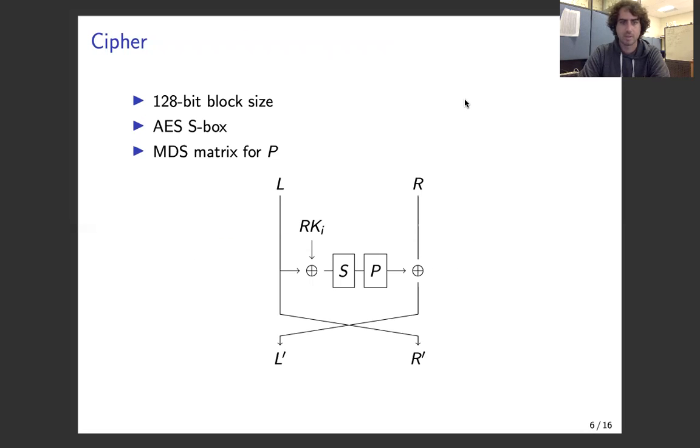So we have a 128-bit input that we split into two, so it's a Feistel construction here. And we have some 64-bit round key that we don't really care about, just take some uniform random value for that. Then we compute 8 S-boxes in parallel, and we combine those with the MDS matrix P.